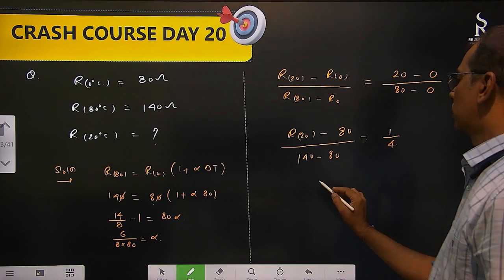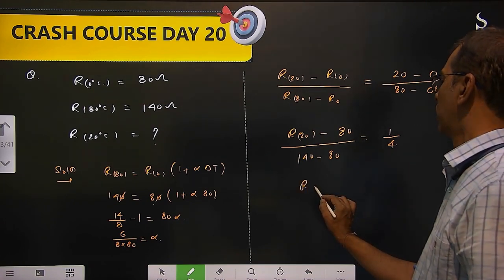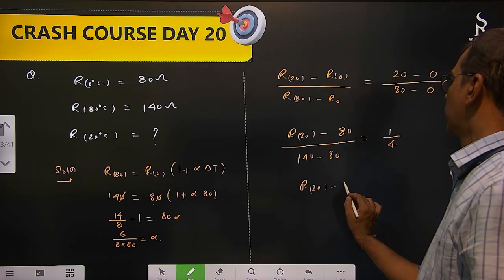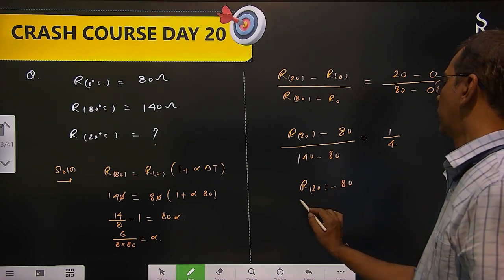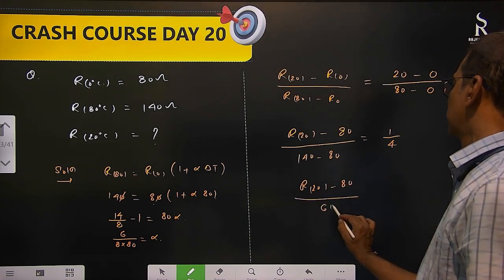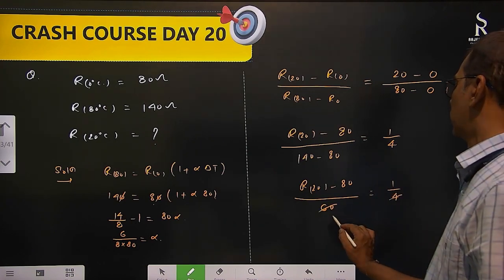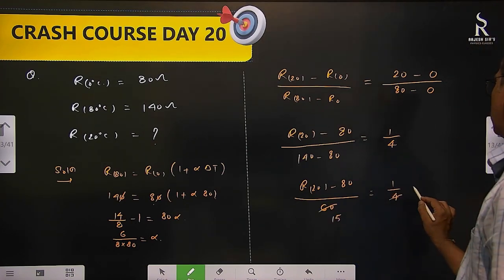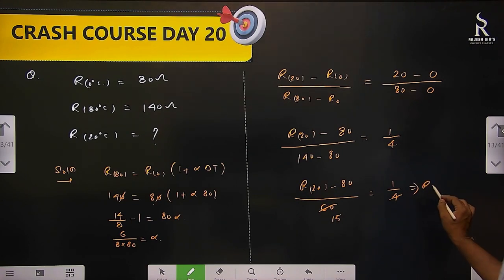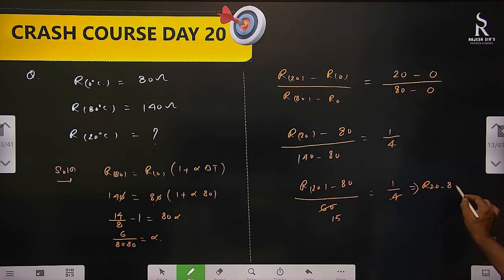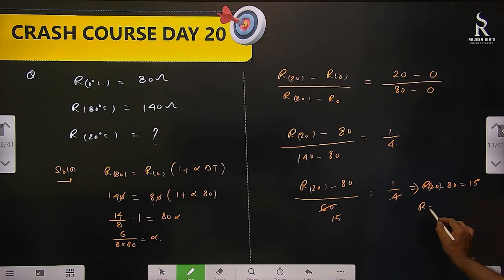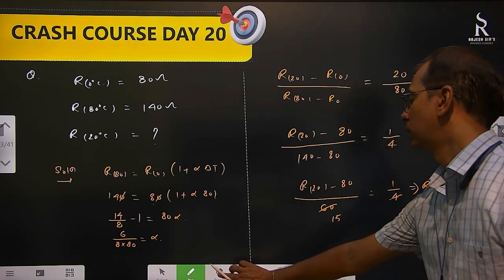Then here R at 20 we are finding minus 80. 140 minus 80 is 60, equal to 1 by 4. This is 15. So R20 minus 80 equal to 15. So R at 20 is 95 ohm.